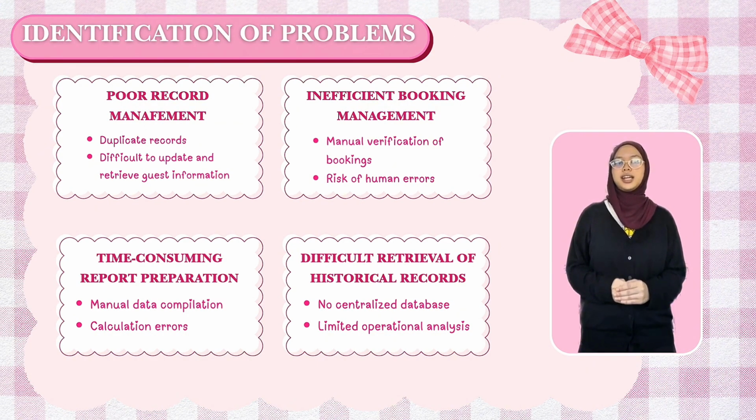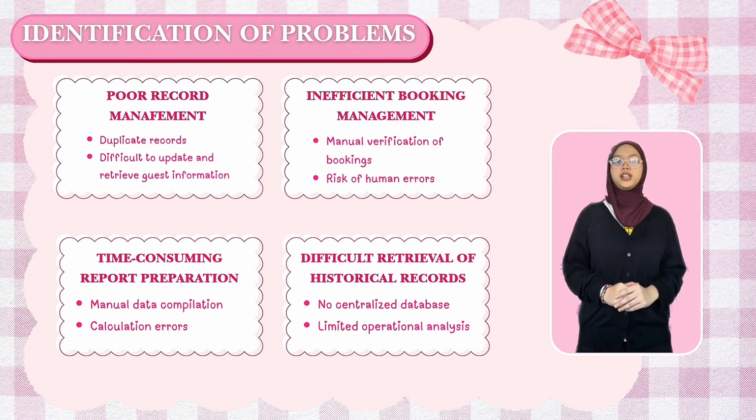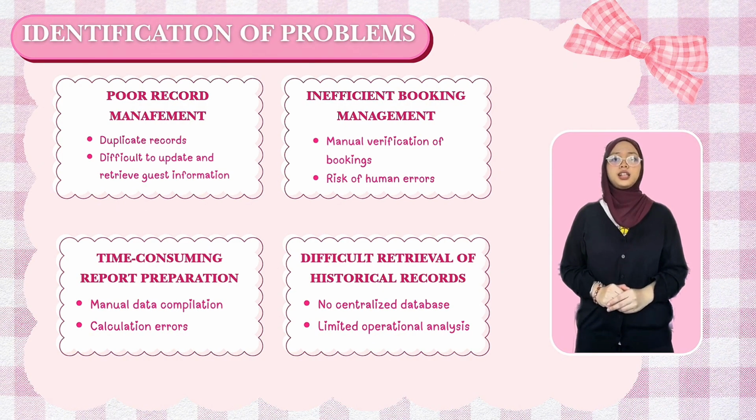Staff had to collect information from multiple sources before preparing reports, making the process slower and more prone to calculation errors. Lastly, retrieving historical guest and booking records was also challenging because the information was not stored in a centralized database. This limited the hotel's ability to monitor occupancy, analyze booking trends, and support management decision-making effectively.